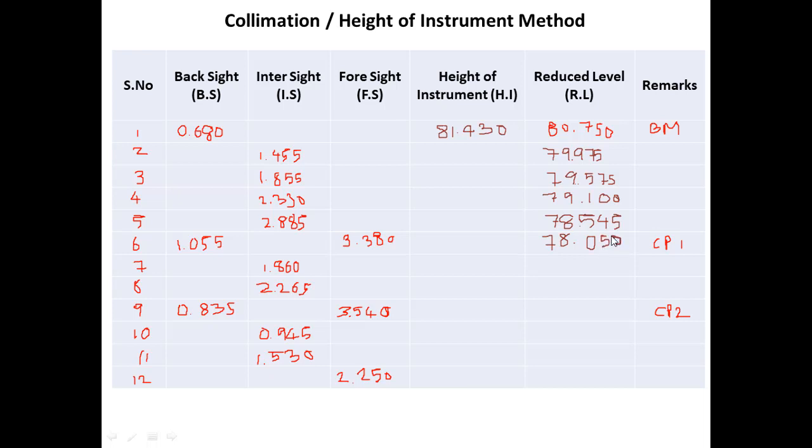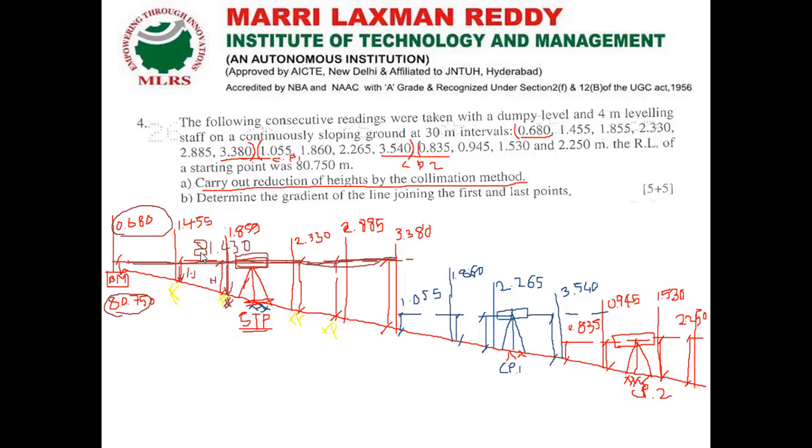So in the figure I can explain. 81.430 minus this 3.380 gives the RL of this point, which is 78.050.